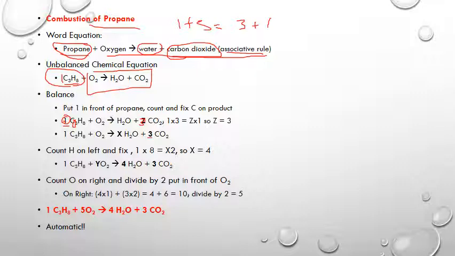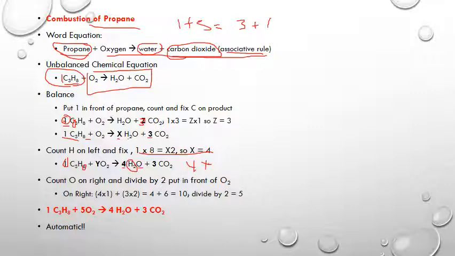Now I want to fix my hydrogen, so I count how many hydrogens I have on the left side. 1 times 8 is 8. Okay, what times 2 is 8? Well, 4 times 2 is 8. That's what I have here. X times 2 has to equal 1 times 8. And then you go the other way, count how many oxygens are on the product side. You have 4 times 1 is 4.